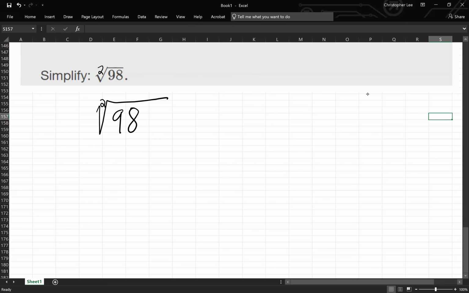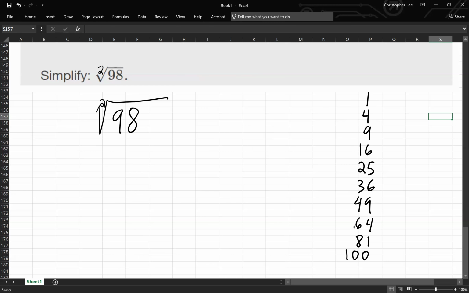So let's go through them. 1 times 1 is 1, 2 times 2 is 4, 3 times 3 is 9, 4 times 4 is 16, 5 times 5 is 25, 6 times 6 is 36, 7 times 7 is 49, 8 times 8 is 64, 9 times 9 is 81, 10 times 10 is 100.